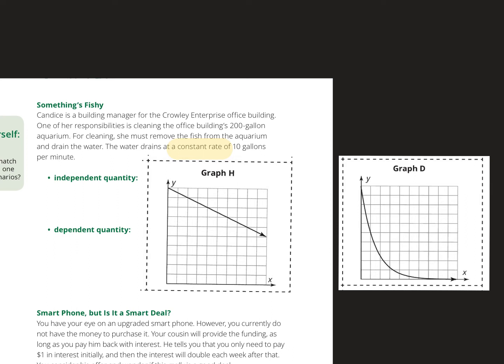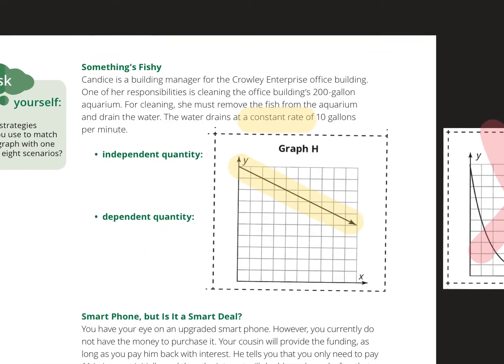So whenever you see an increase or a decrease at a constant rate, it's going to make a straight line just like this. So that's why it couldn't be graph D, because while it's decreasing, it's not decreasing at a constant rate, and you know that because it doesn't make a straight line.